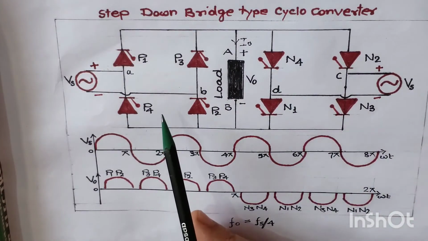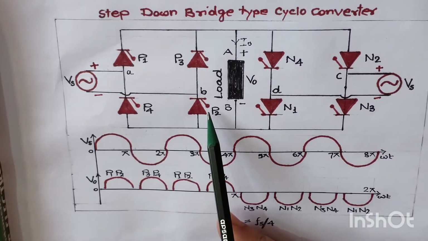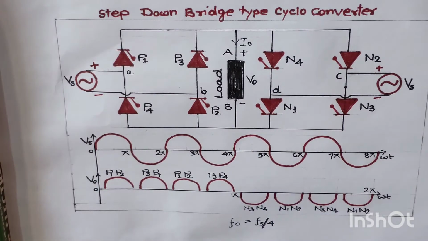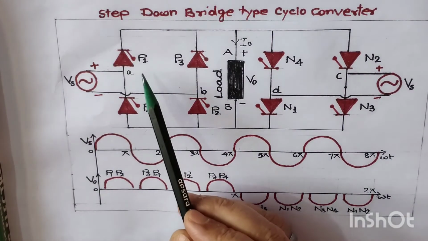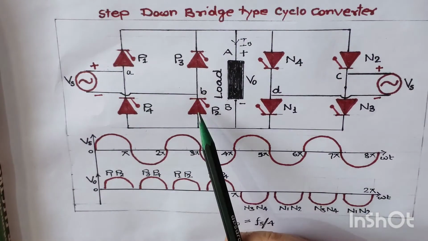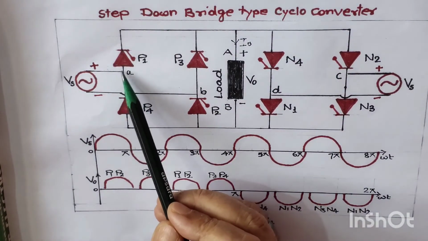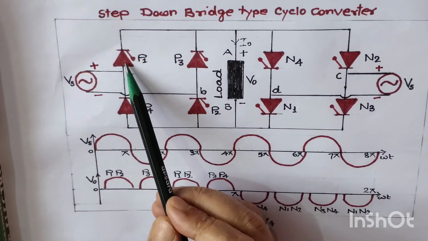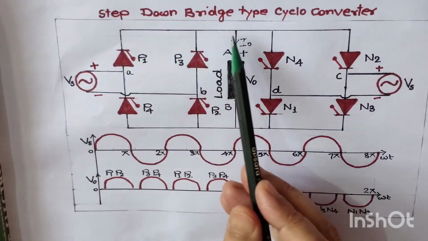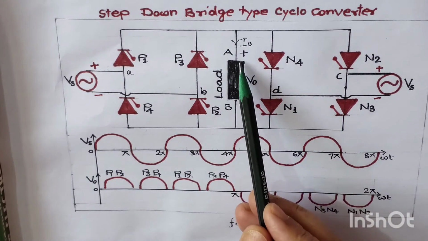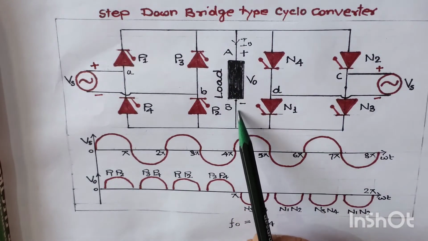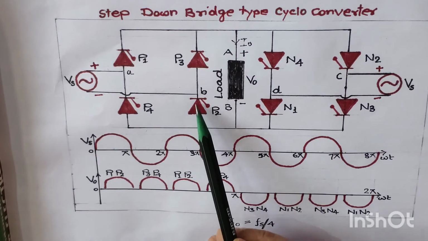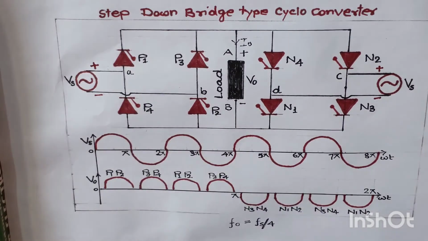We are only going to supply the trigger pulse to thyristors P2 and P1, as we have to step down the frequency. Once P1 and P2 are supplied a trigger pulse and P1 starts conducting, current will flow through thyristor P1, come back towards the load, and from point A to point B through thyristor P2 it will complete the circuit.